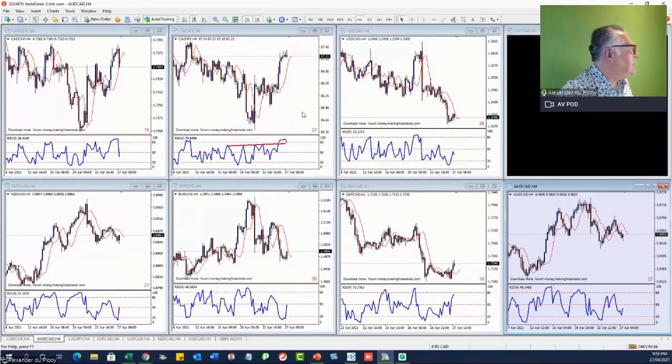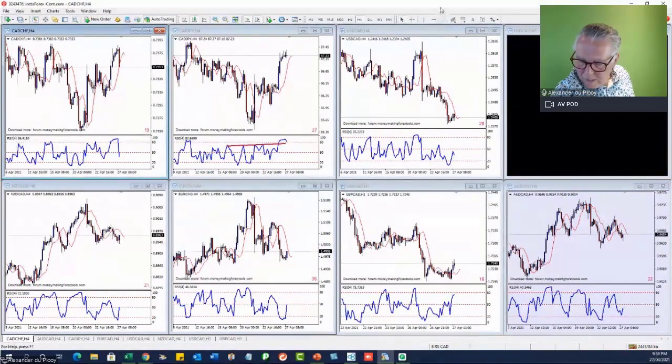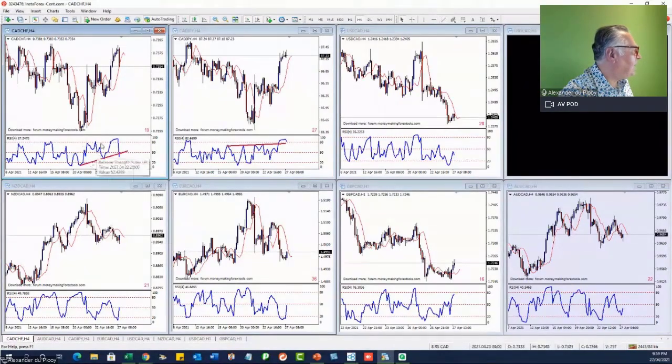here's a CAD franc. I think we did note the CAD franc, did we? See, there's our double mount. Double mount, it doesn't have a divergence, but that's a good signal there.